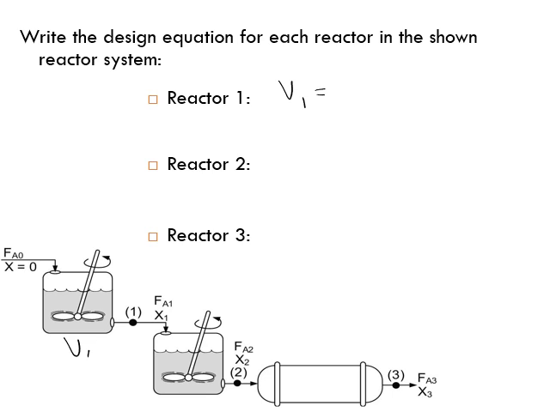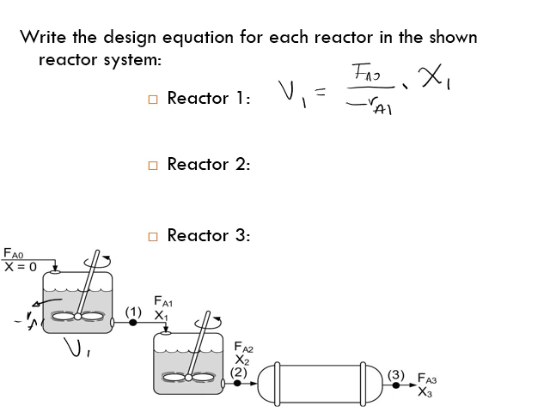We have reactor 1, so it will be FA naught divided by minus RA1, that is the rate of reaction inside reactor 1, right, times X1. So that's the design equation for the first reactor.